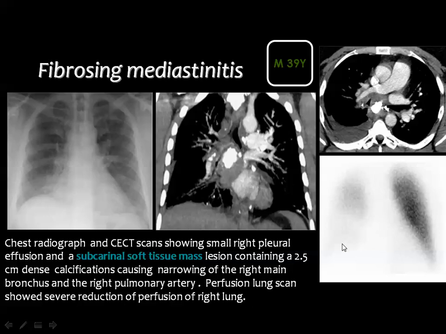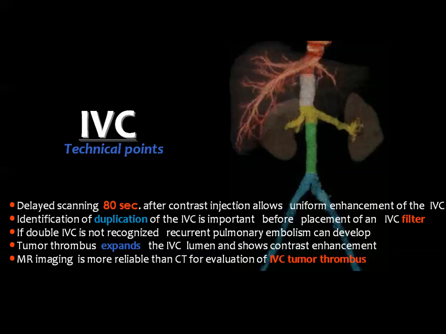You can see this lung is not well perfused compared to the left side, and also it will affect the bronchial lumen as well. In the chest X-ray, you may appreciate the presence of some sort of mediastinal widening or hilar mass, but CT is one of the good modalities to delineate this pathology.